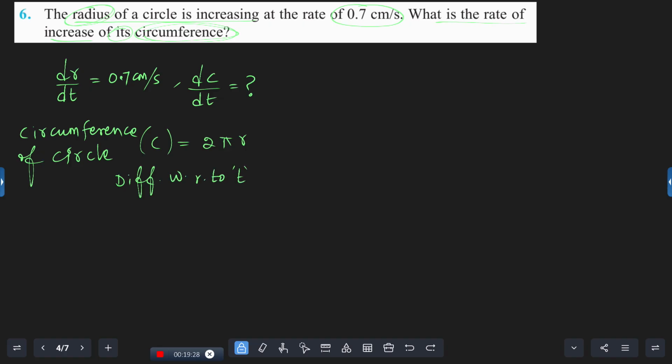When you differentiate C, dC divided by dt equals 2 pi, the constant, multiplied by dr divided by dt. 2 pi, let it be. And dr by dt, yes, 0.7, which is given. So 7 2s are 14, after one digit put the point, 1.4 pi, centimeter per second. That's it, dC divided by dt.